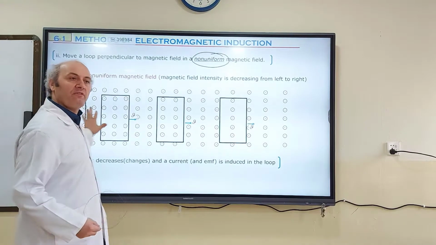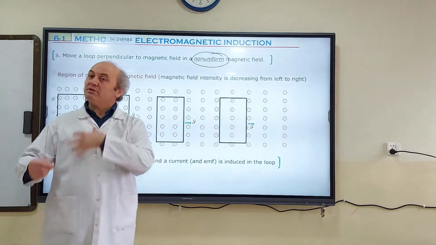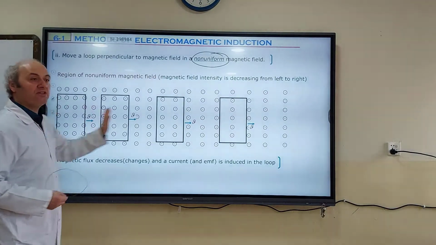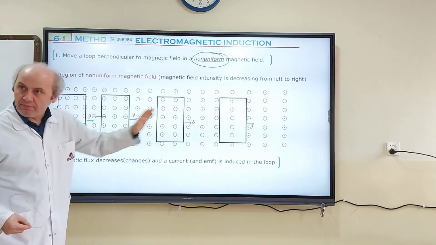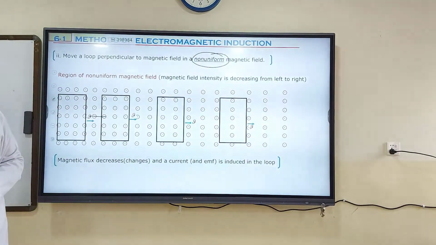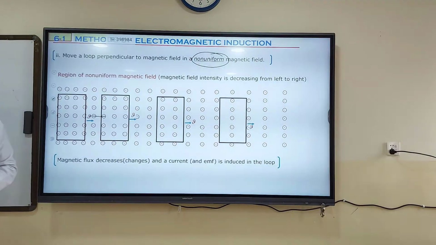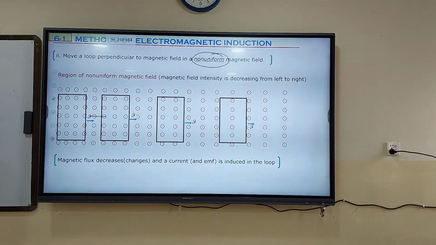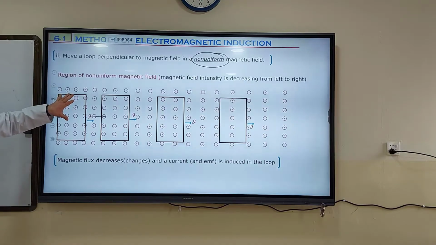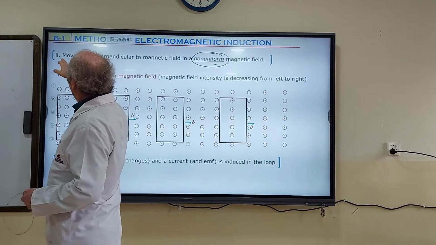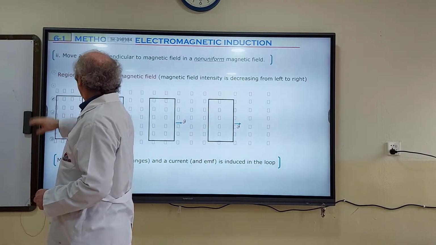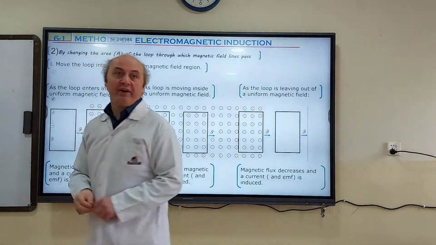While this loop is moving from left to right, because the magnetic field intensity is decreasing, magnetic flux is also decreasing, and decreasing magnetic flux results in induced current in this loop. Now, next I am going to change the area.